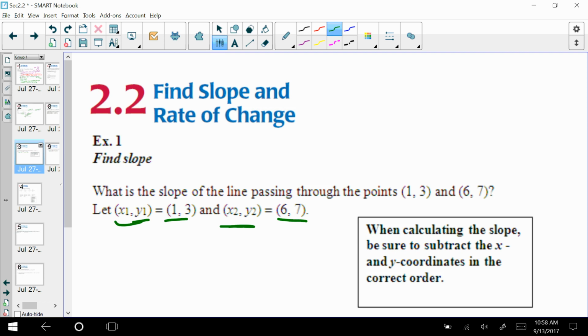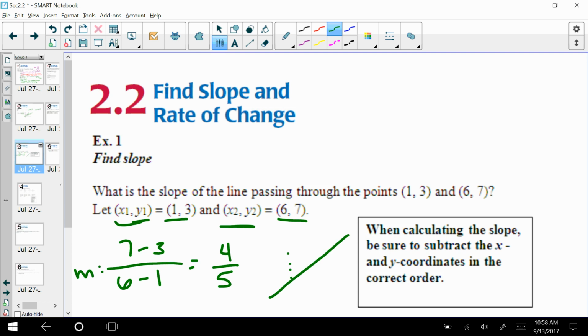So we've got y2, which is 7, minus y1, which is 3, over x2, which is 6, minus x1, which is 1. And we get 4 over 5. So that means every point on this line, we go up 4 units, and we go over 5 units. And that's true about any point, up 4 and over 5.